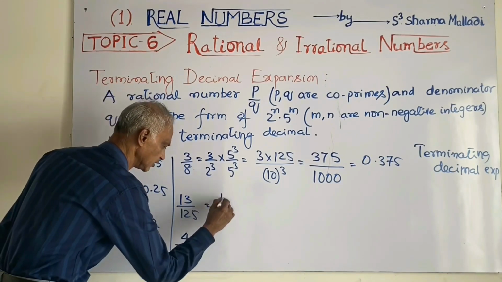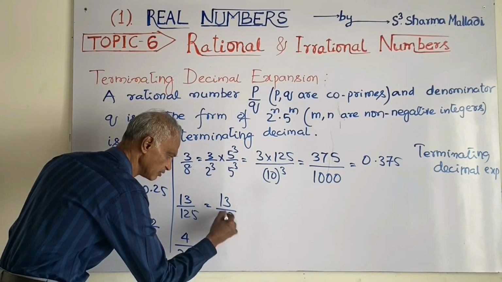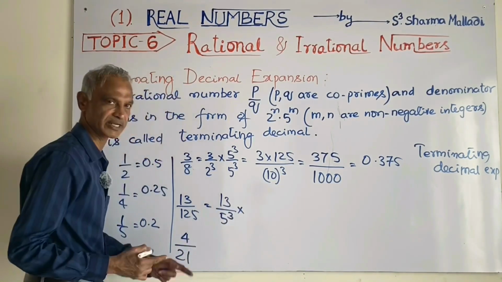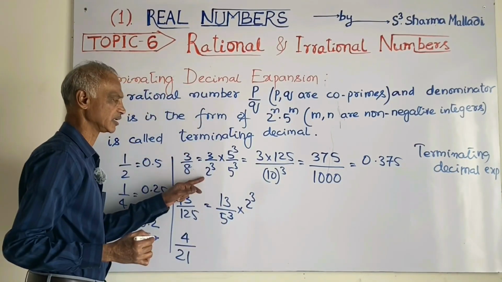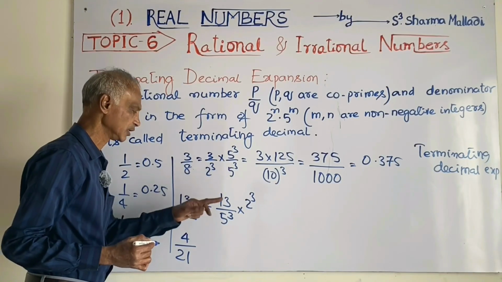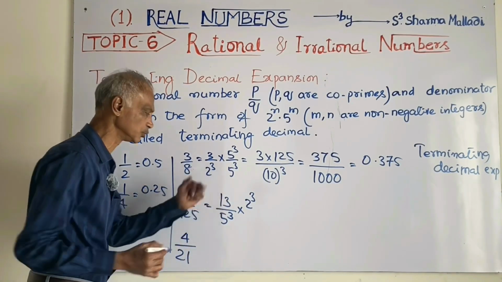We will check whether this is terminating or non-terminating. You see 13 by 125 means it can be written as 5 cube. I am multiplying and dividing with 2 cube.